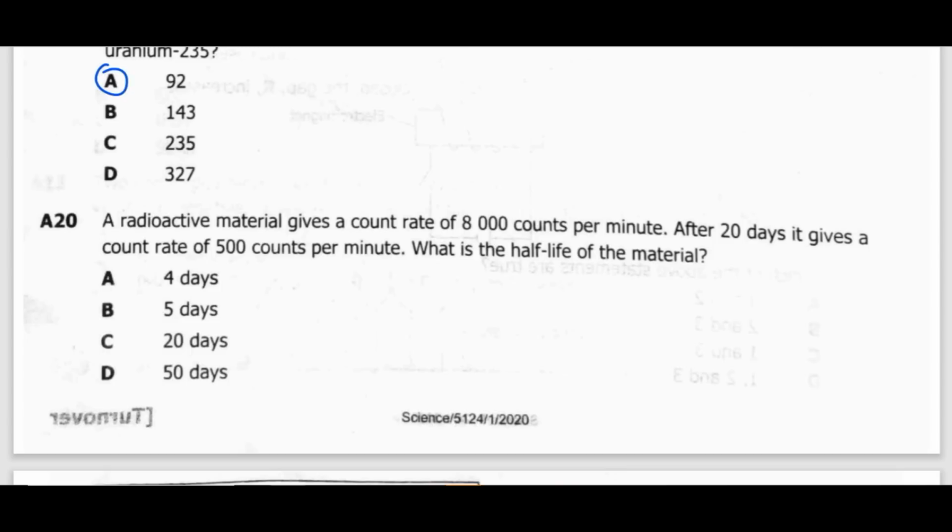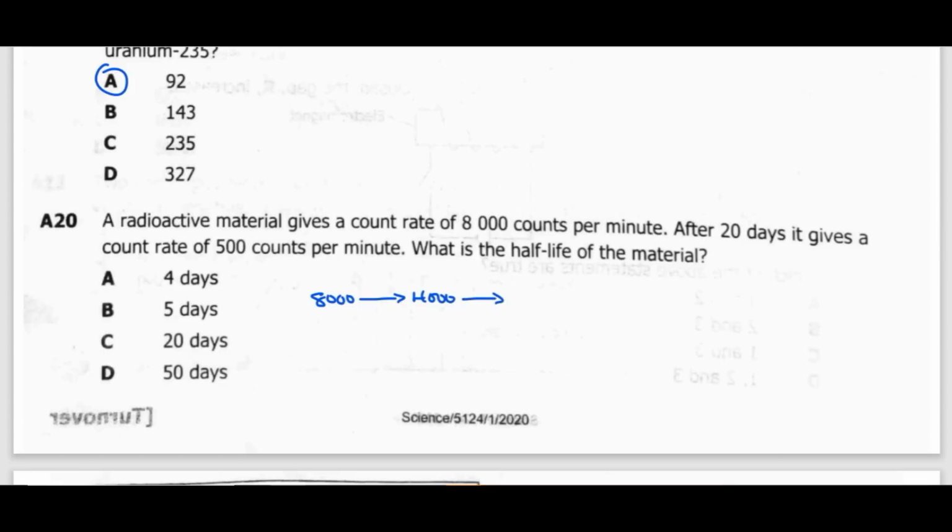So you'll find that we have 8,000 counts, and when it undergoes a decay, the half of this is 4,000. What is the half of 4,000?